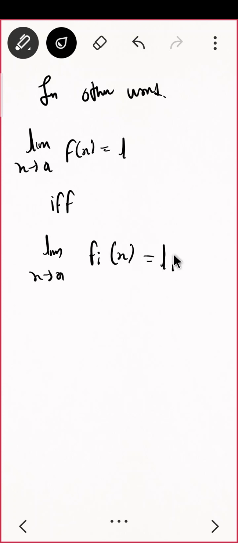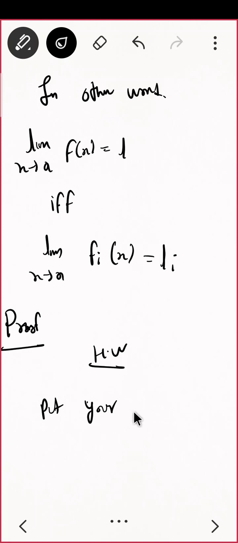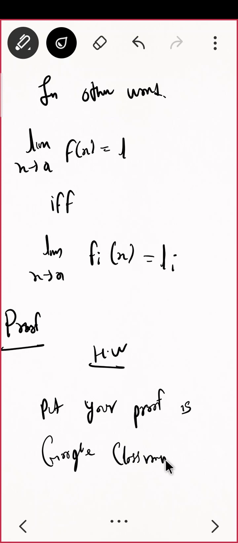Just go back to the previous proof that we did and try to prove this. Homework. You can put the answer in your Google Classroom. Okay?